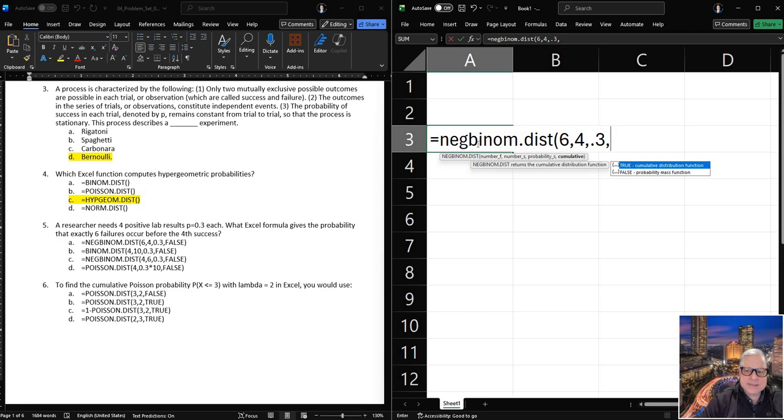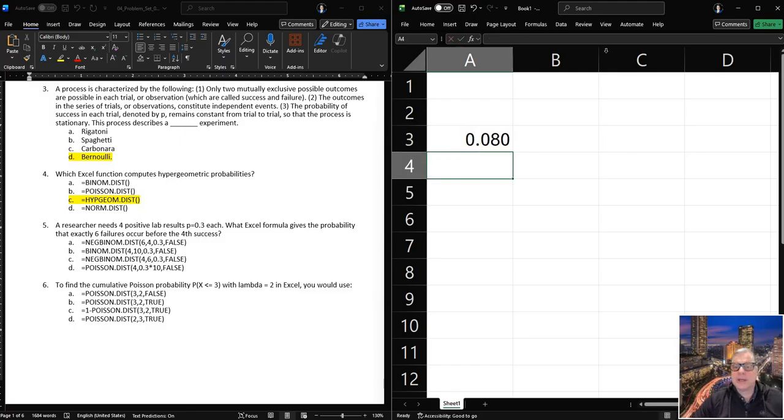And again, the exactly calls for a non-cumulative calculation. So the answer would be 0.08, so roughly 8%.